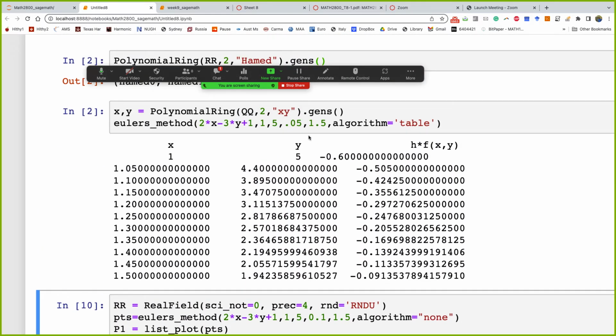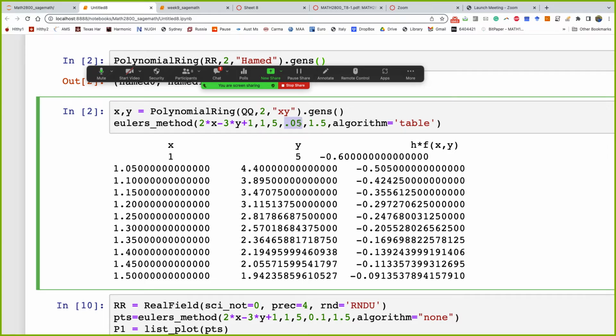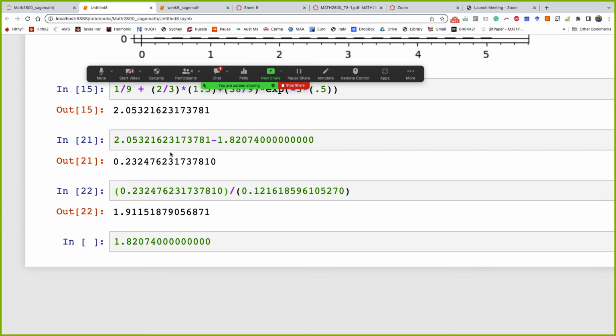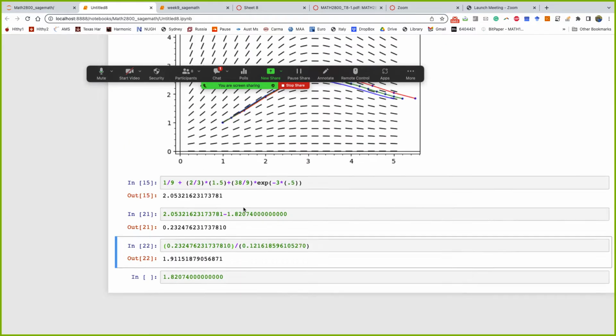You see that we made h smaller, therefore the steps have increased to 10. So here I'm going to save this one too.